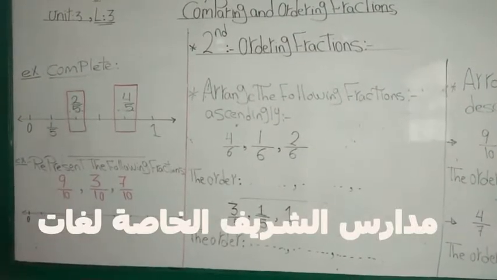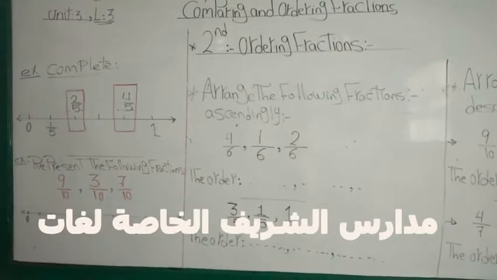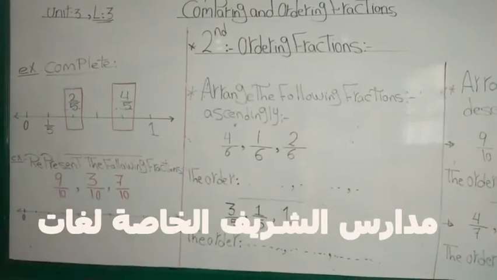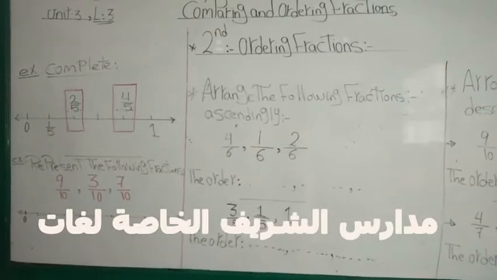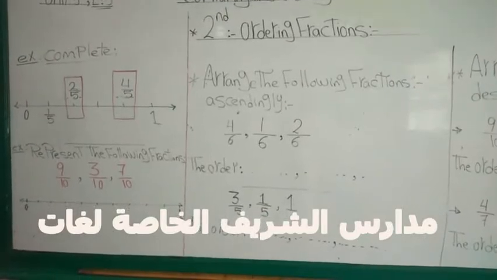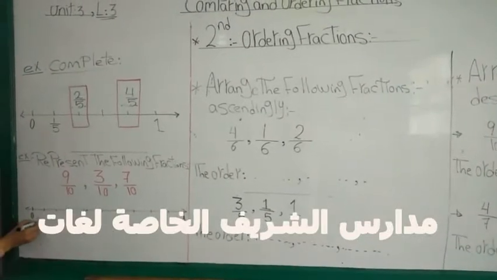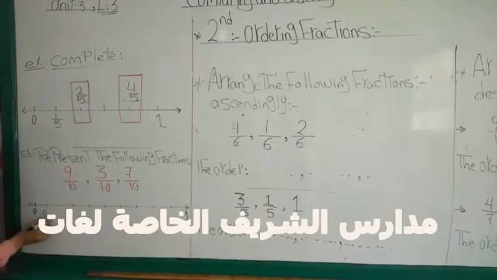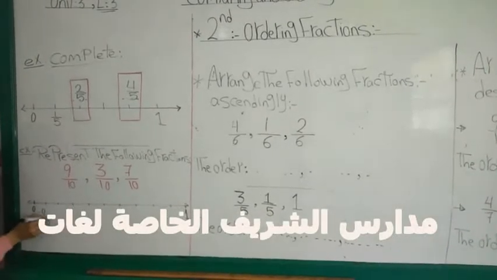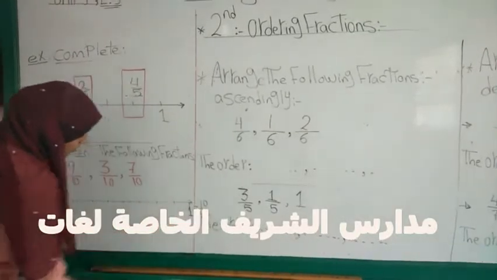Then the second exercise: represent the following fractions on the number line: 9/10, 3/10, and 7/10. First, we have a number line from 0 to 1 divided into 10 equal parts. 0 equals 0/10, and 1 equals 10/10.